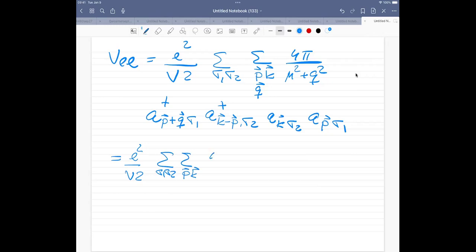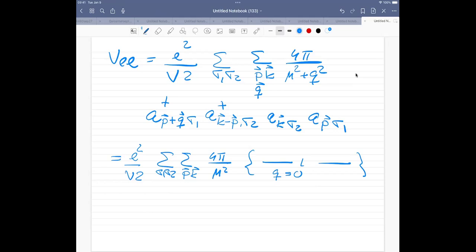And then I have a 4 pi divided by mu squared, like that. And then I'm just going to put in an equality sign here, except that now I'm putting Q equal to 0, so Q equal to 0 in these equations which you have here.